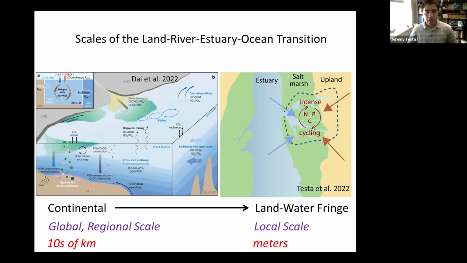But a lot of the nitty-gritty dynamics driving these processes happen at much smaller, finer scales. I'm going to try to get to how things I've seen in the field have evolved to better represent these things numerically, and how that might help us quantify things like carbon export and nutrient uptake in this land-water filter, which we often think about as being valuable for nutrient management.